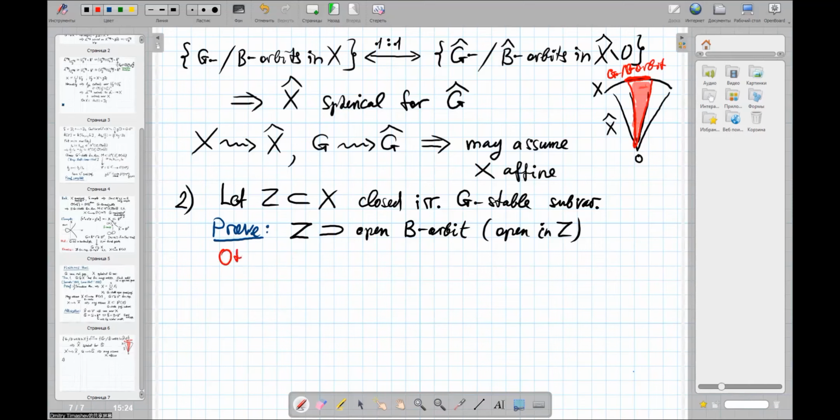So assume the contrary. Otherwise, let me remember the characterization of spherical homogeneous spaces. A homogeneous space is spherical if and only if, at least in the quasi-affine case, the representation of the group G in its coordinate algebra is multiplicity free.